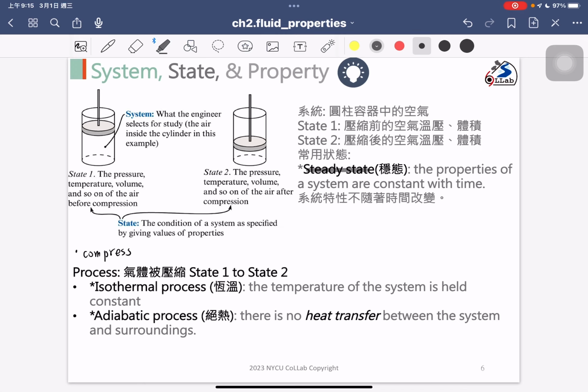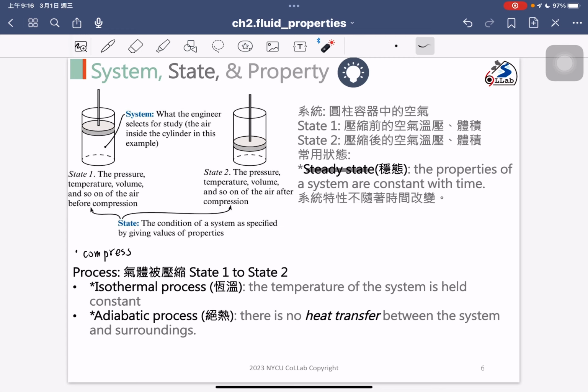The steady state means the properties of the system are constant with time. That indicates no properties change during the compression process, so I can call it the steady state. No physical property changes with time. Even though I apply the compression and my state goes from state 1 to state 2, no physical property changes during the compression process.